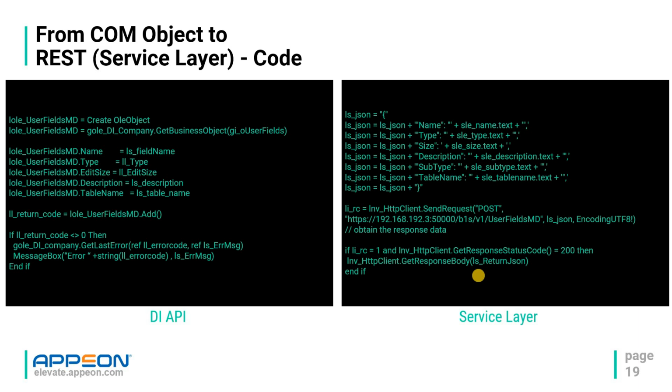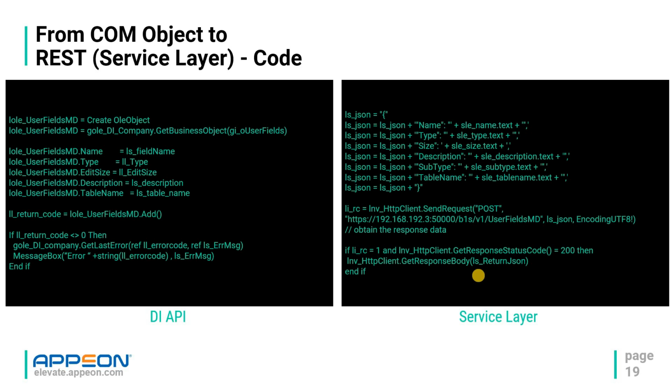On this OLE object, we have to set the properties: name, type, edit size, description, table name, and then we have to add it to SAP Business One. If the return code is different from 0, we can call the getLastError function provided by SAP, and from that we can have evidence of the error eventually.